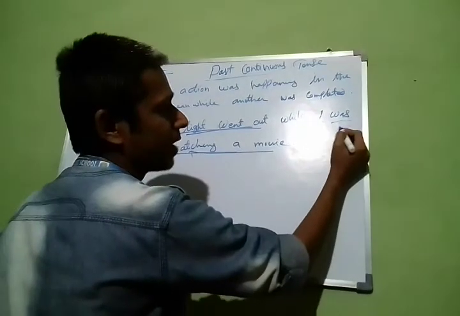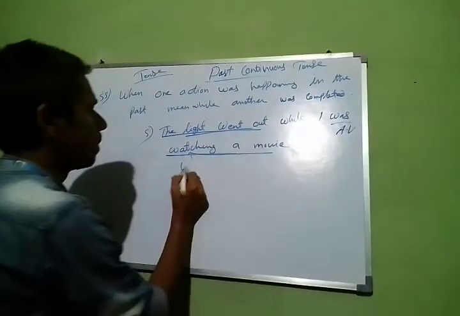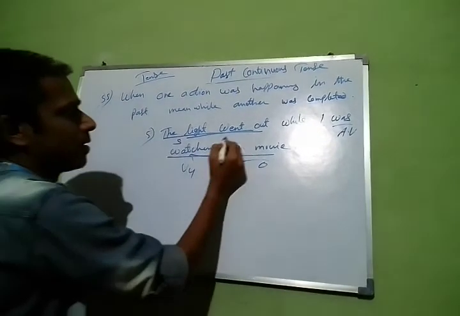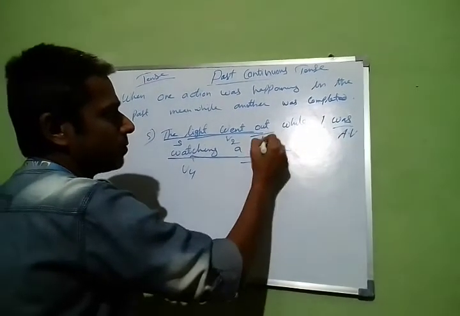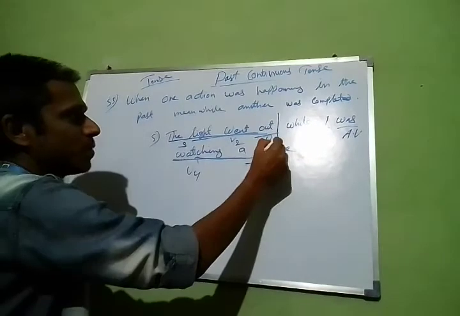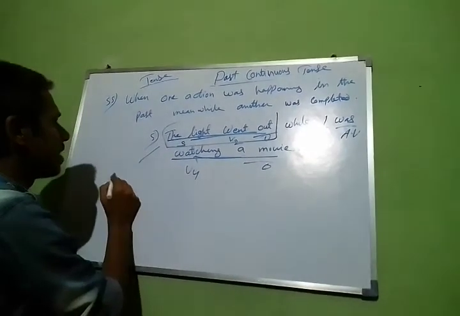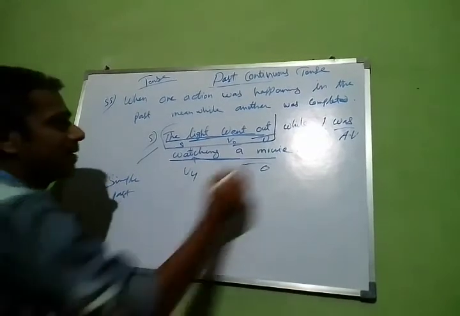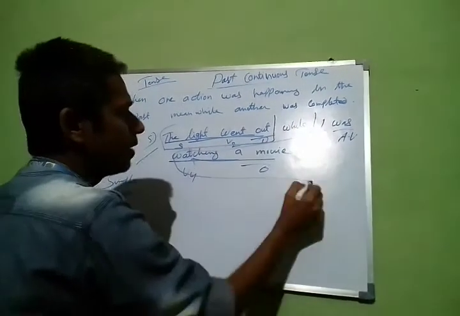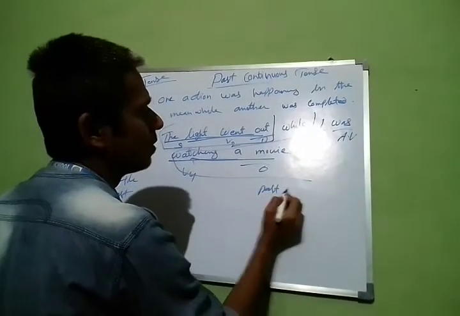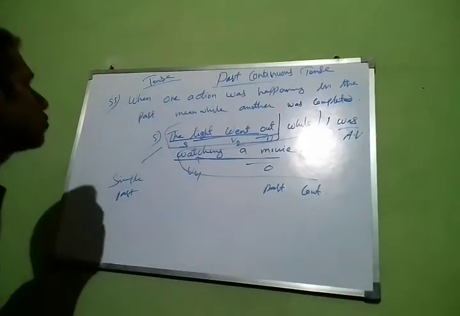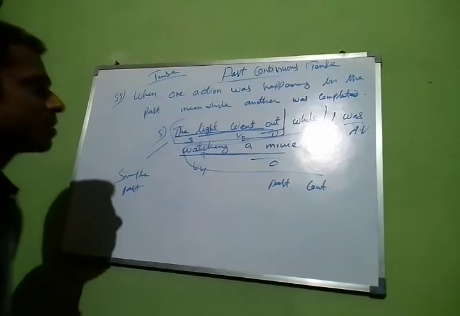That would be subject, auxiliary verb, V4 and object. Here subject, V2, object. So this portion would be simple past tense, and this portion would be past continuous. Okay, so that is another use of past continuous tense.